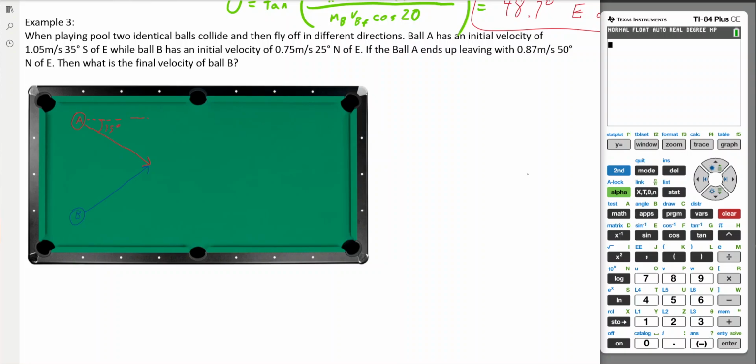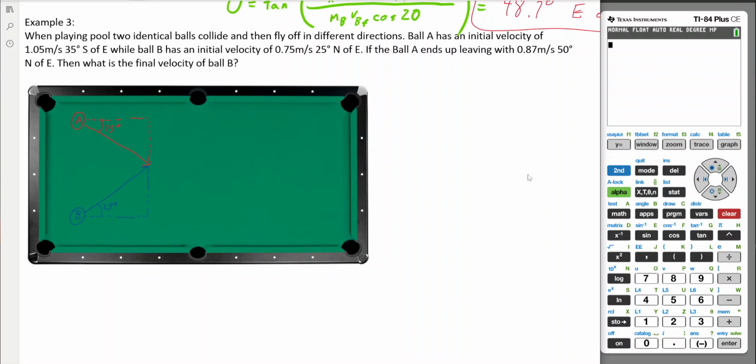Ball B is going 25 degrees north of east. So the balls come in like this, okay?